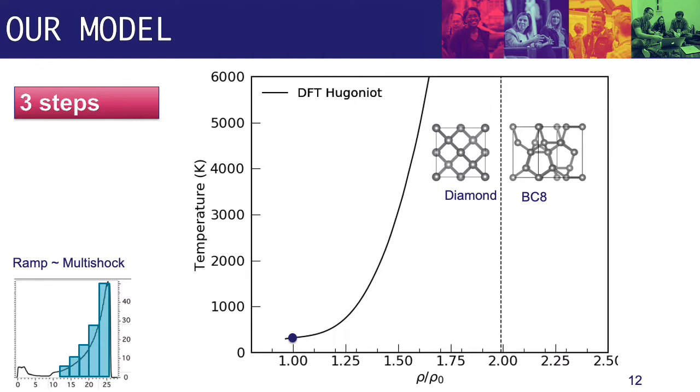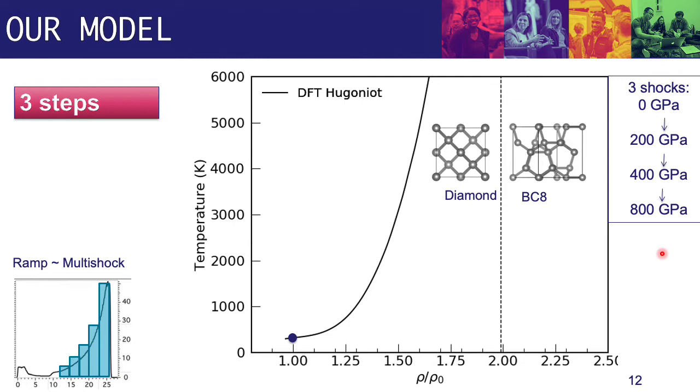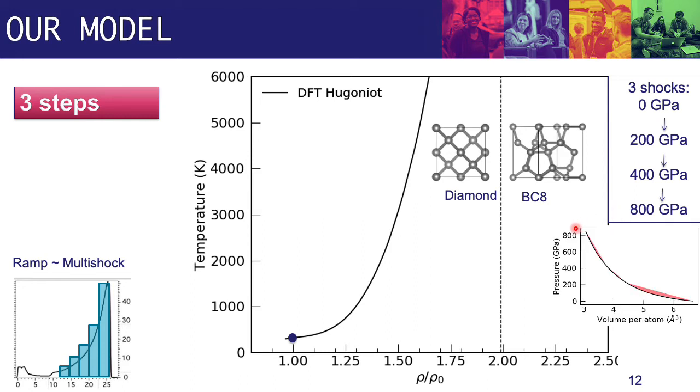So let's see how this looks for 3 steps. We will go from ambient conditions to 800 GPa in 3 steps, to 200, 800, and 800 GPa. So we should be generating less heat in total than going directly to 800 GPa. So this is how it looks.